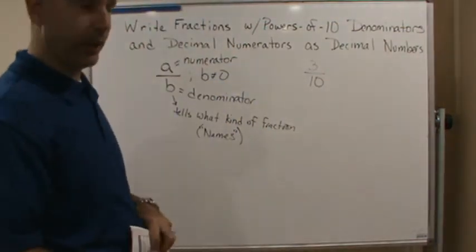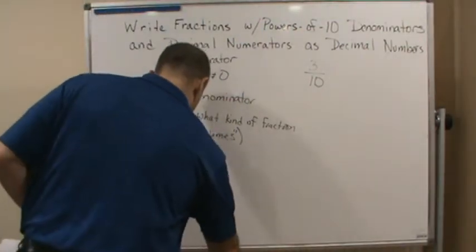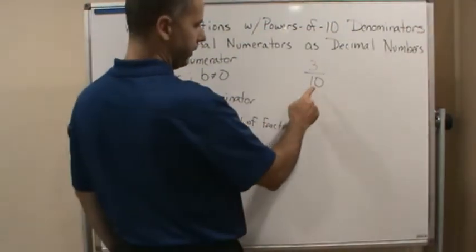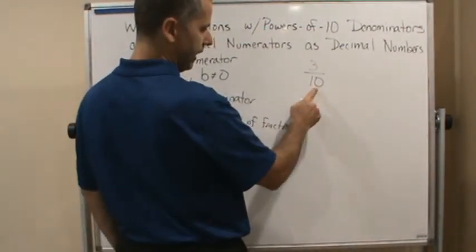In this case, we have 3/10. So 3/10 is a fraction, where we have a denominator that is a power of 10.